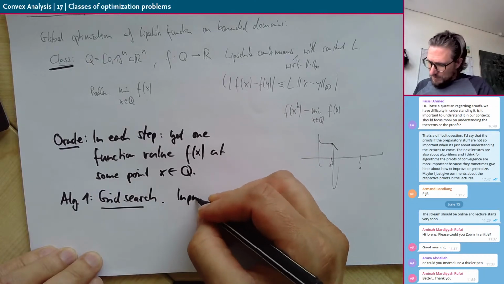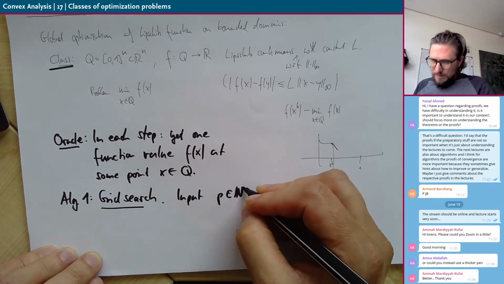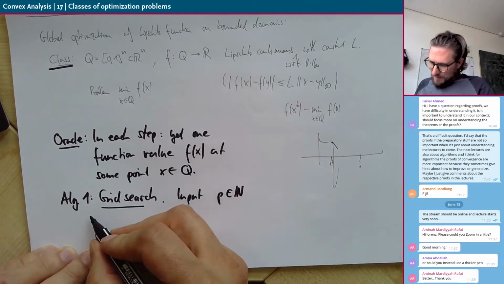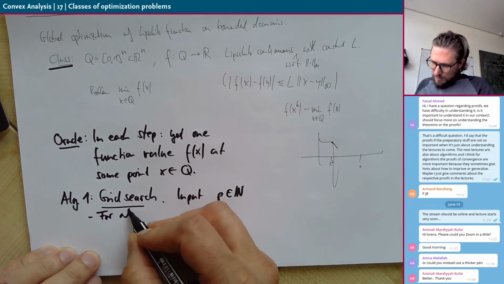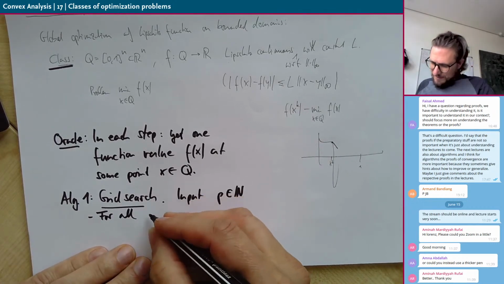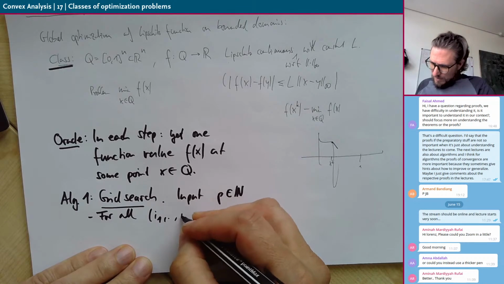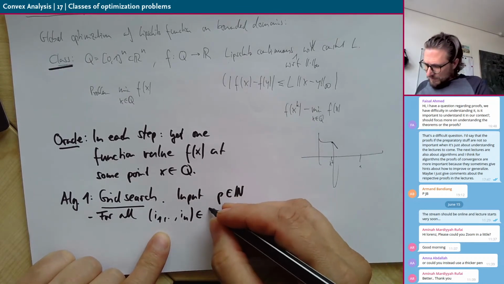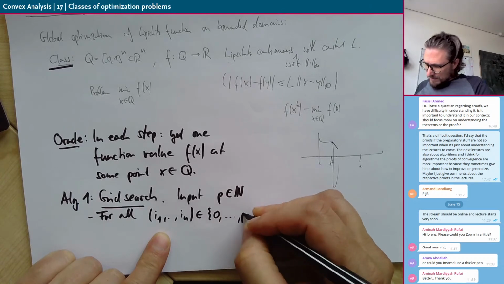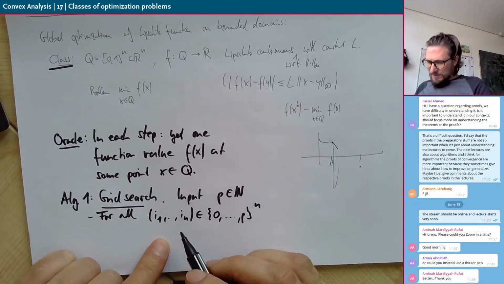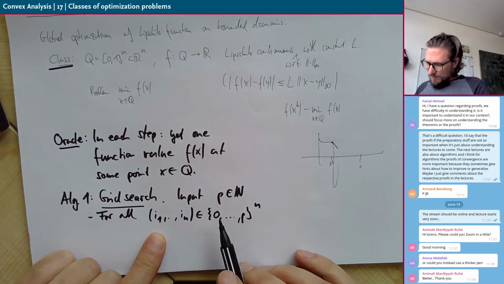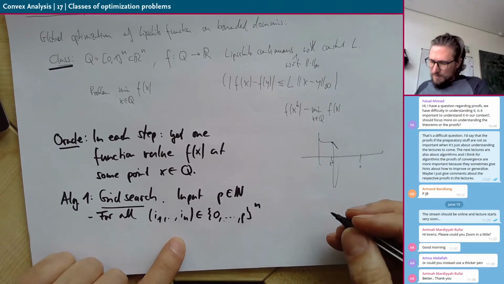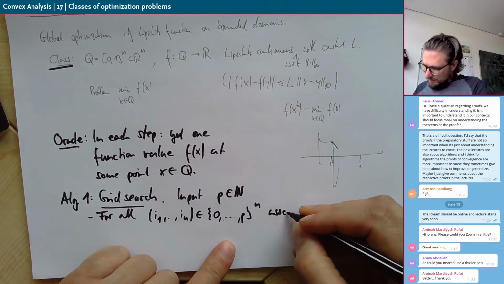The input is some natural number p, and then the step goes like this: for all tuples of indices i1 to in, each of which should be a number between 0 and p, which means i1 can be the number 0, 1, 2 up to p, i2 can be the same, and so on and so on, assemble all the points.